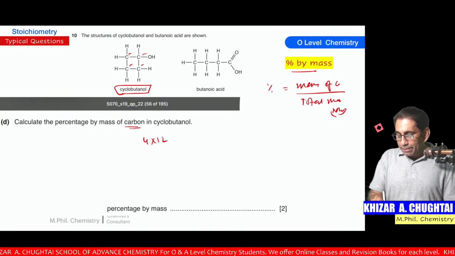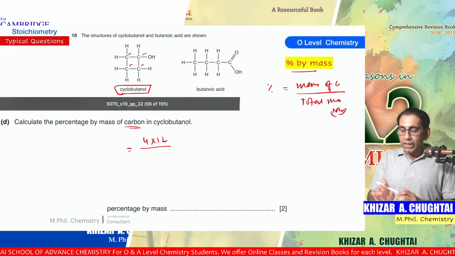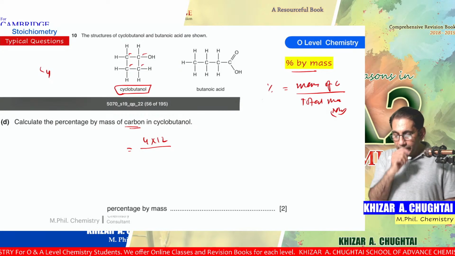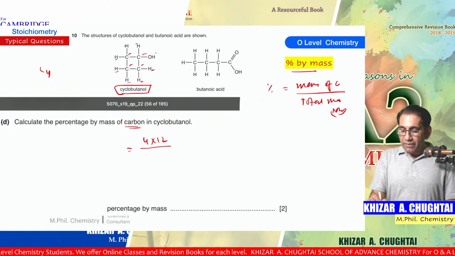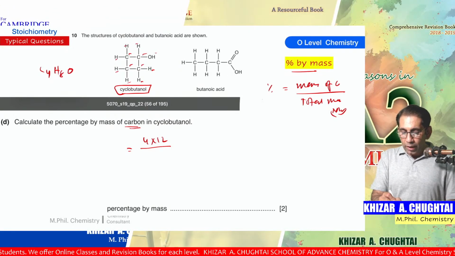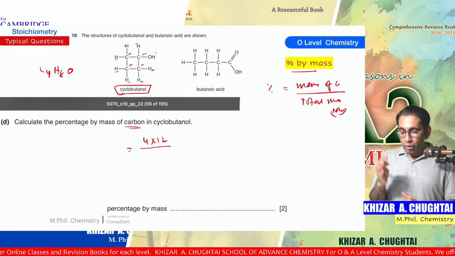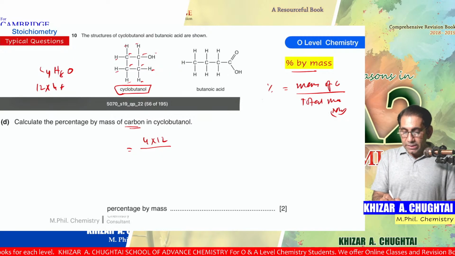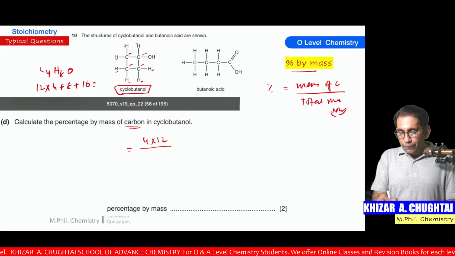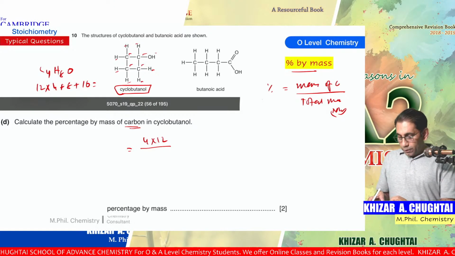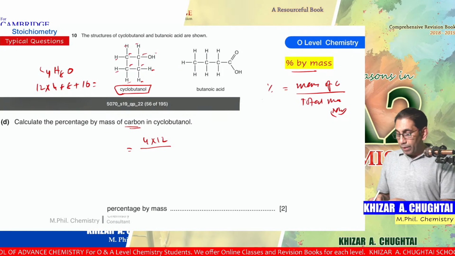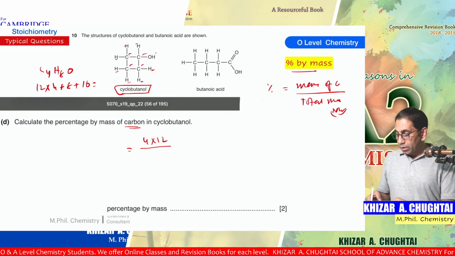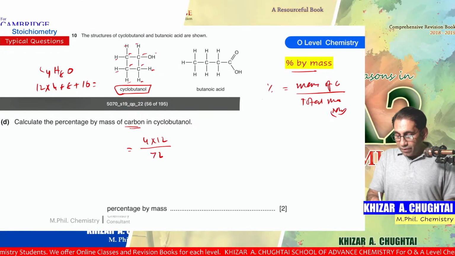4 × 12 is the mass of carbon in the compound. What is the total MR? I'm going to write its molecular formula first. C4, then 1, 2, 3, 4, 5, 6, 7, 8, 8 hydrogens and 1 oxygen, if I am not wrong. So 12 × 4 plus 8 for hydrogen and 16 for oxygen, right? 12 × 4 is 48, plus 8 plus 16, and the MR is 72.